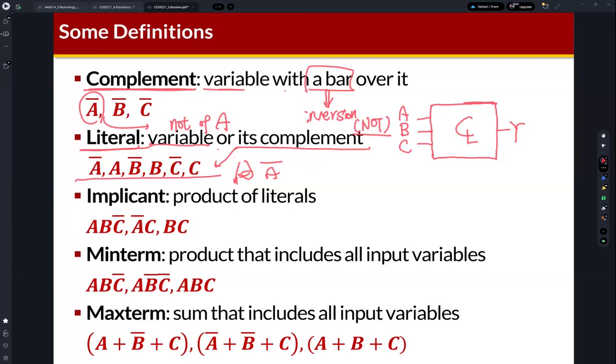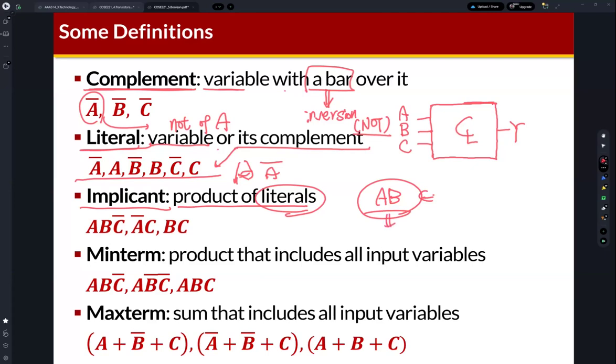And then implicant. Implicant is the product of literals. So what does that mean? What is the product? Like A, B. This is a product of A and B, right?